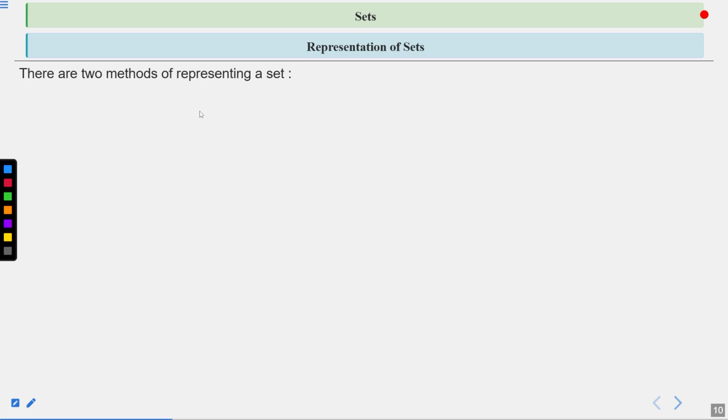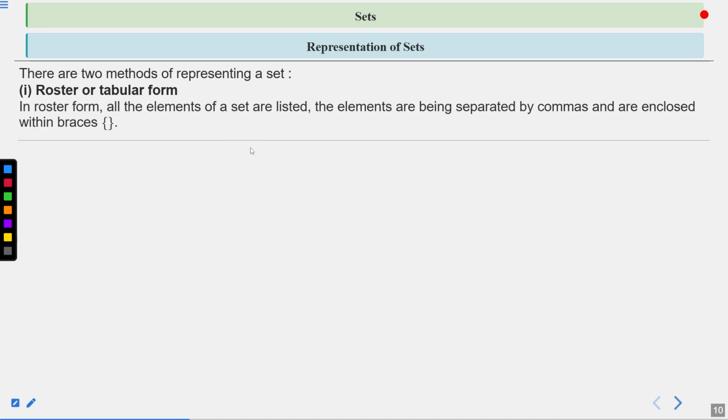Now, representation of sets. How are we going to represent our sets? Mainly there are two methods. The first one is roster form. So let's see this form. In roster form, all the elements of the given set are listed, enclosed in curly braces and separated by commas.